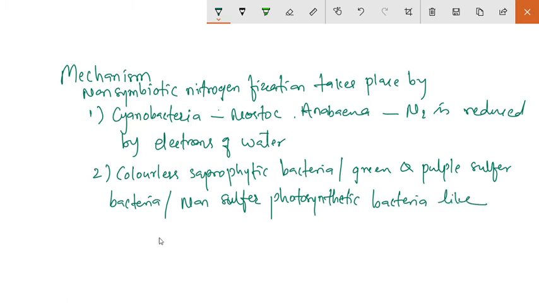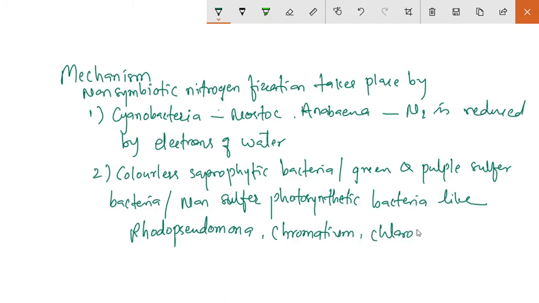लाईक आता कुठल्या तर या ठिकाणी रोडोसुडोमोनास, Pseudomonas or Chromatium. Okay, or the Chlorobium, or Methanococcus.